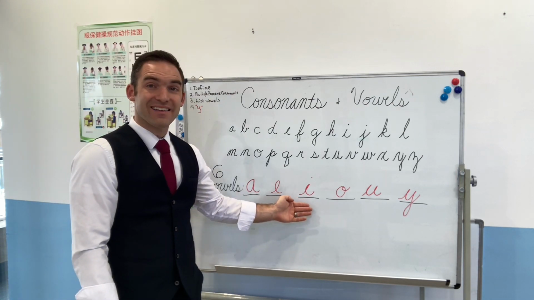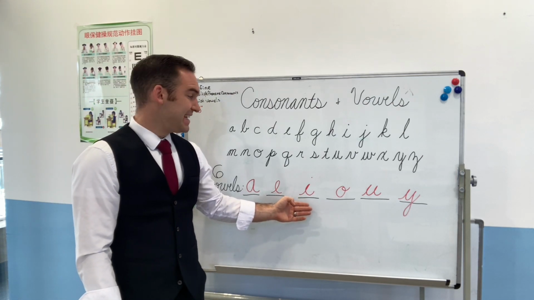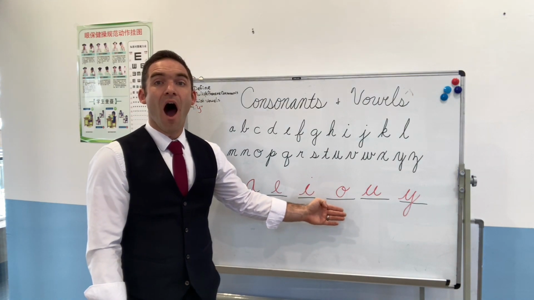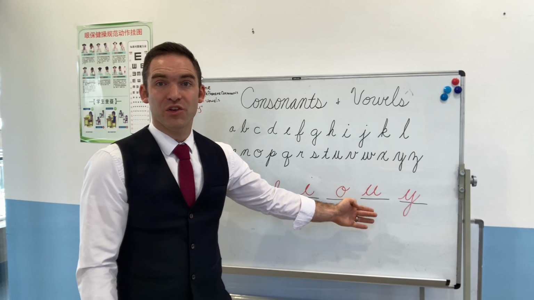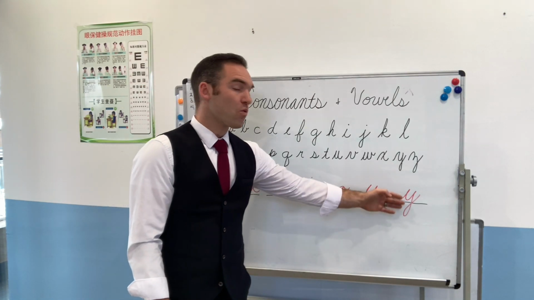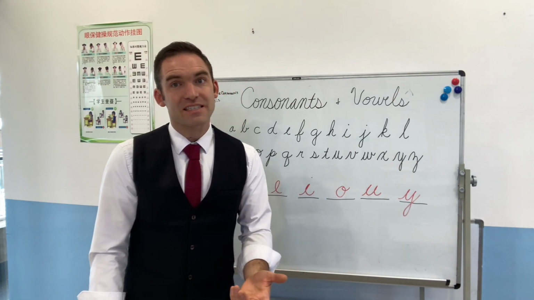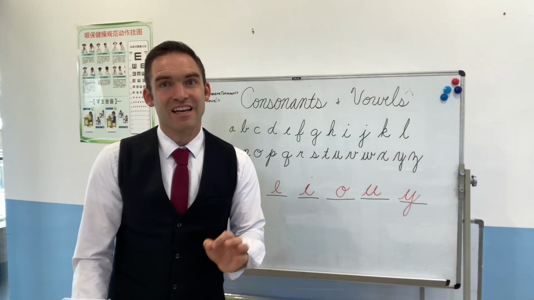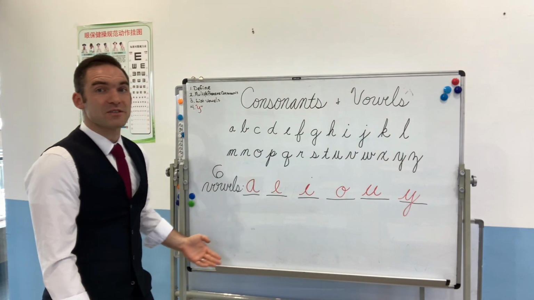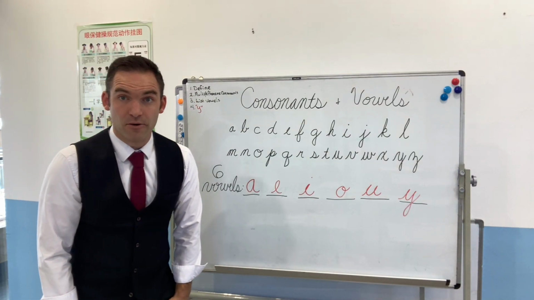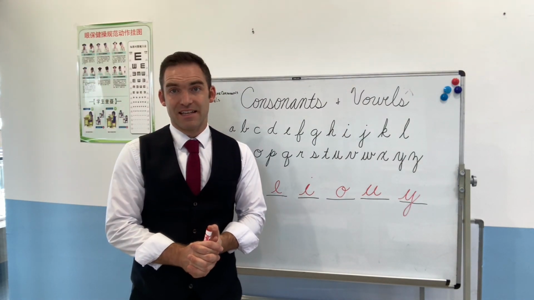We have the I that says e. We have the O that says a, o, u. We have the U that says u, and we have the Y that says its consonant sound first, which is y, and then it says its other sounds, e, I. And so those represent all of the vowel sounds that we have in the English language.